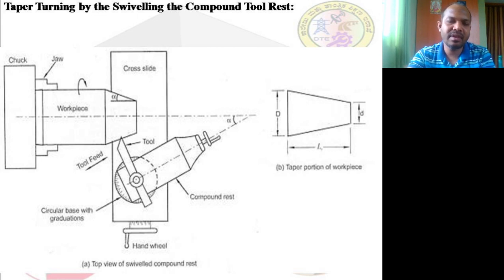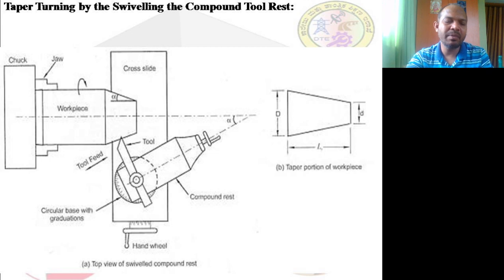These graduations will highlight the angle of tilt alpha, and then we will fix this compound rest as usual with the tight one, and then we will make a feed from the tip of the tool towards the increasing end of the diameter.